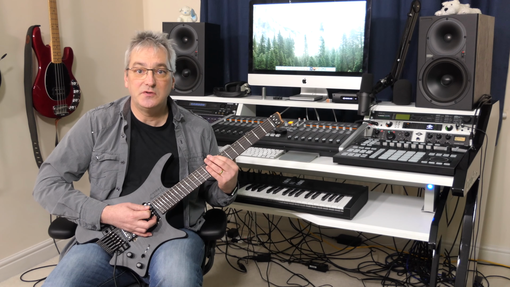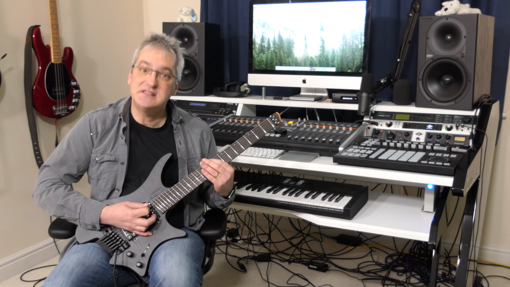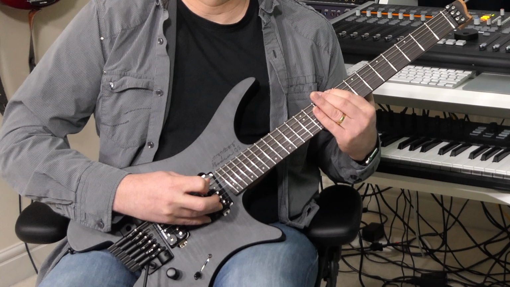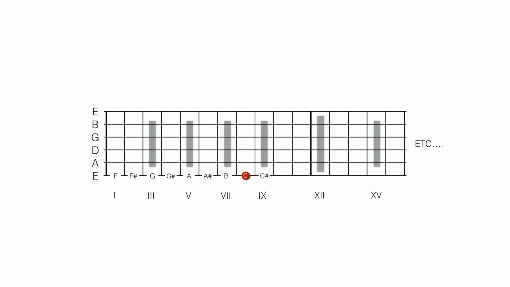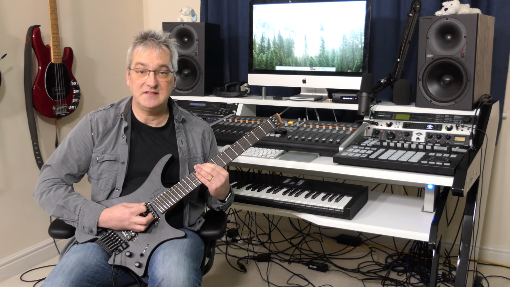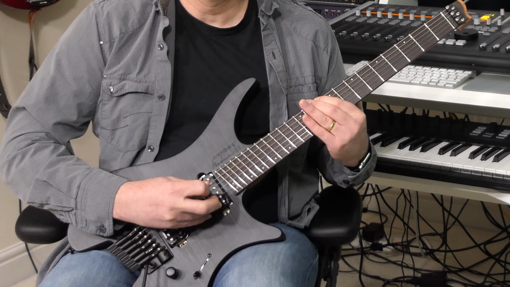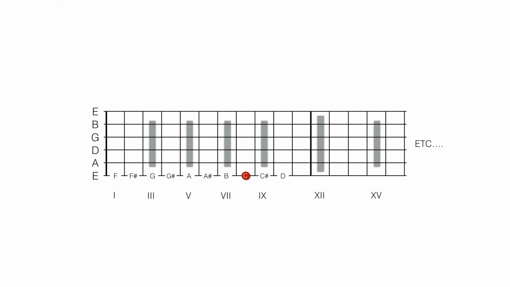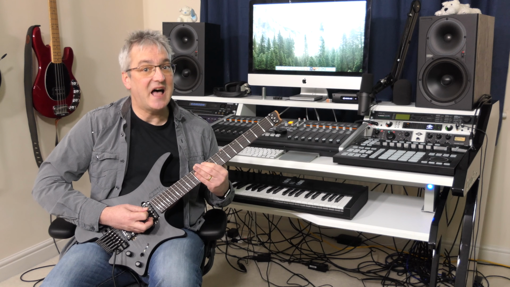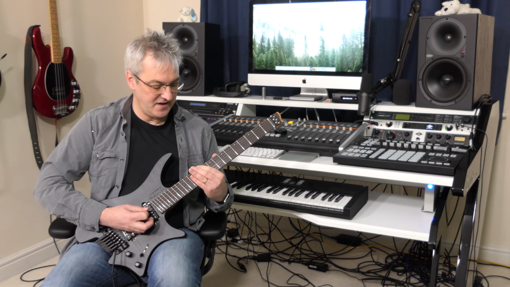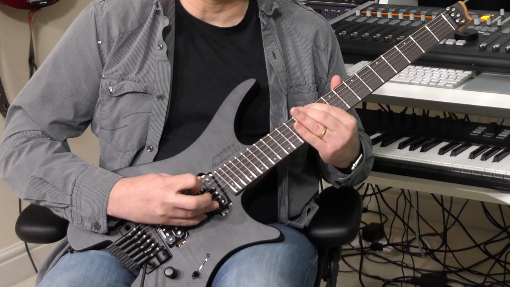C isn't blunt, so the next note on the 9th fret is C sharp. The 10th fret is D. Which isn't blunt either, so the 11th fret must be D sharp.